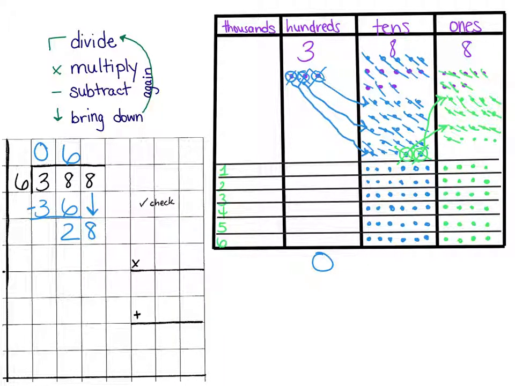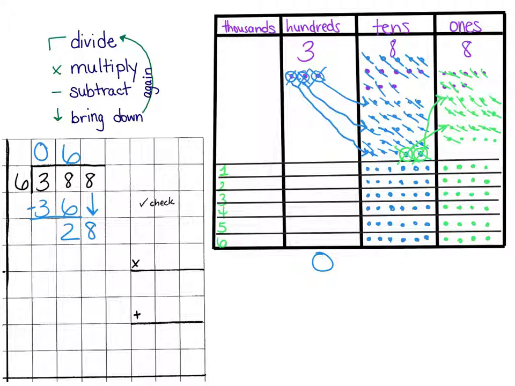That's why we memorize our multiplication facts and we do it like this. Because 28, which is what we have here, divided by 6 equals, here's the 6 groups, 4 in each group. Here's 4, here's 4, here's 4.